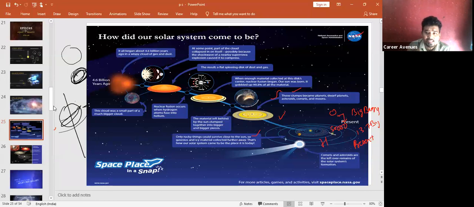In the central region, we have enough mass that merges together to form a star. Due to this enough mass in the core, we have enough pressure and enough temperature, and that causes nuclear fusion to begin. So in this way, our sun was born.